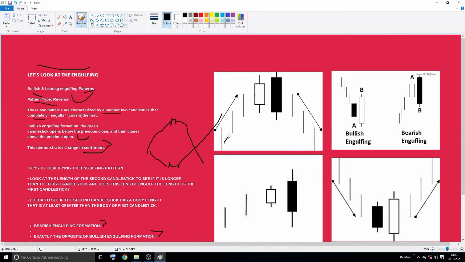So we have the market that is pushing up, then it forms this candle, but the problem comes when these candles open high and then close below. It shows that now the sellers are stronger than the buyers, and we are expecting the price to start going in the opposite direction.